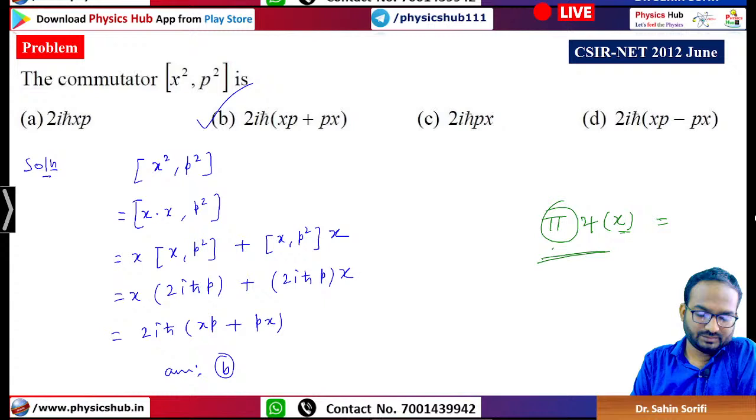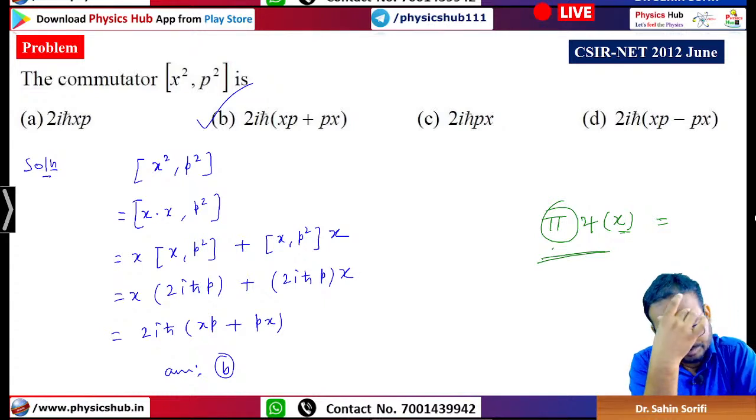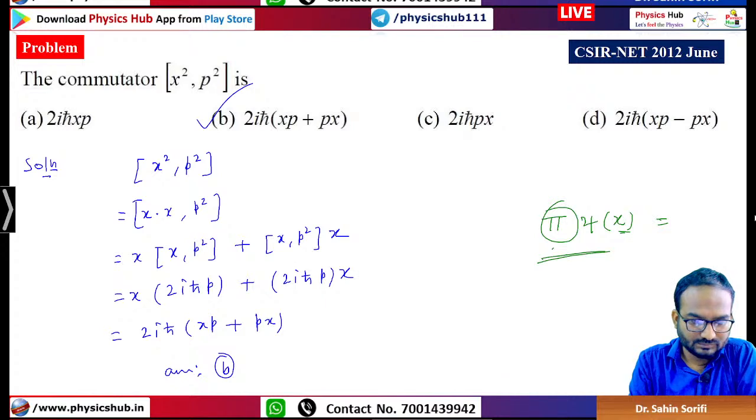Just a moment, it's a little confusing. Let me just check. I think I told the correct one. Parity operator.